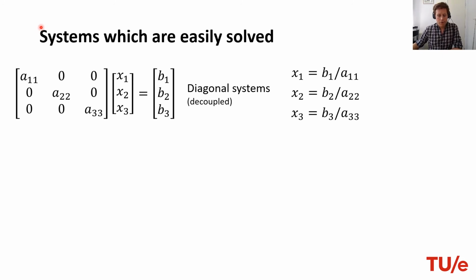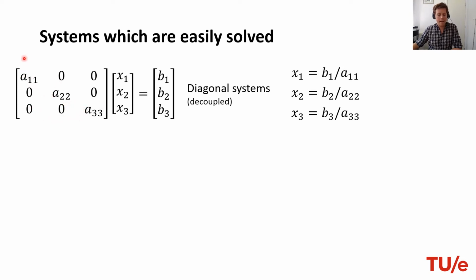Now, let's have a look at some systems which are easily solved. This all depends on characteristics of the coefficient matrix A. For example, the simplest class of linear systems to solve are diagonal systems. Diagonal systems have non-zero entries on the diagonal and zeros everywhere else.